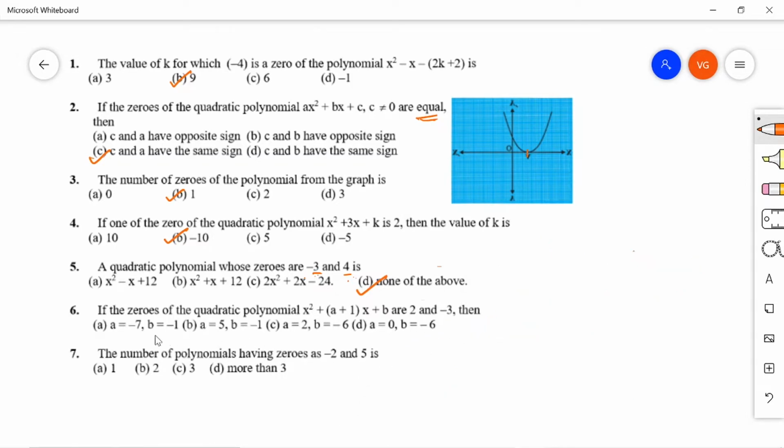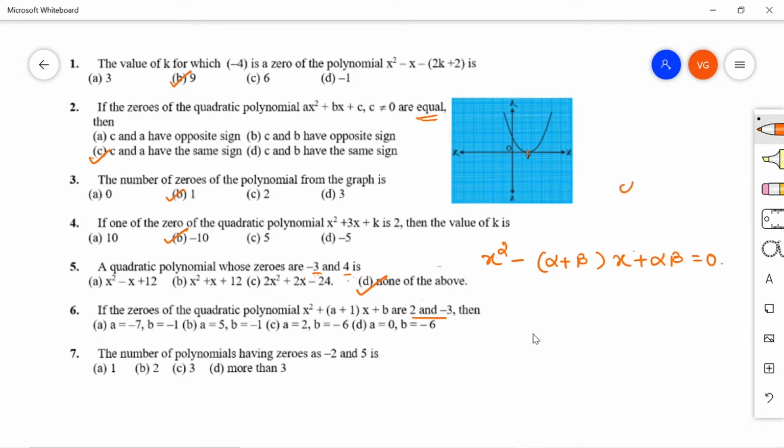Question number 6. If the zeros of the quadratic polynomial x square plus (a plus 1) into x plus b are 2 and minus 3, then you need to find out the values of a and b. Like in the previous question, you are given the two zeros, so you can write the equation: x square minus (alpha plus beta) into x plus alpha beta is equal to 0.